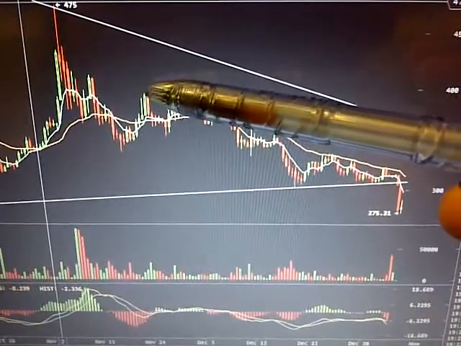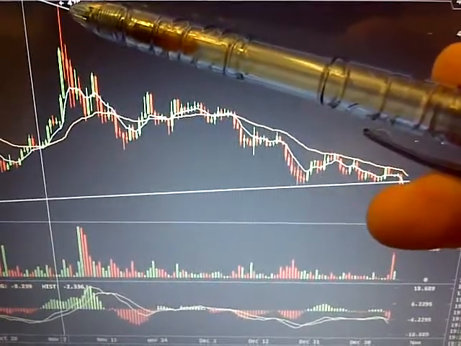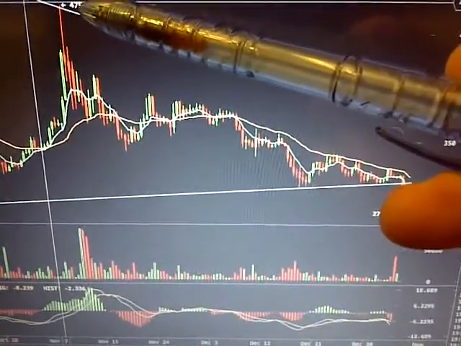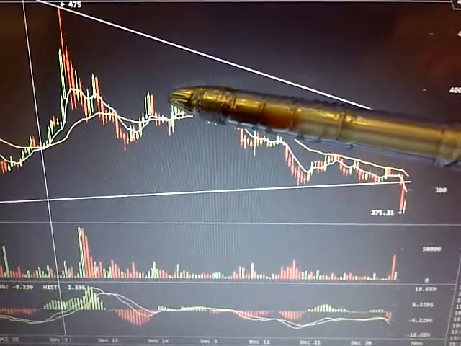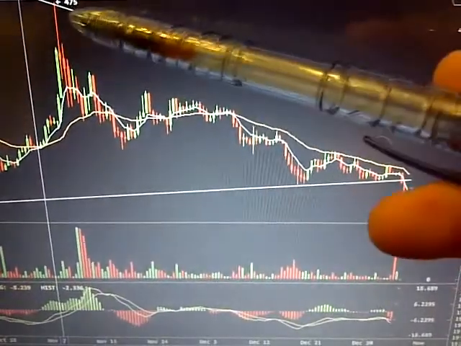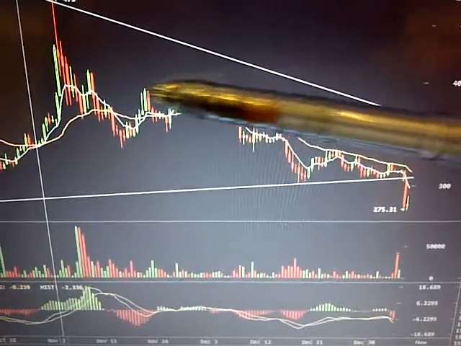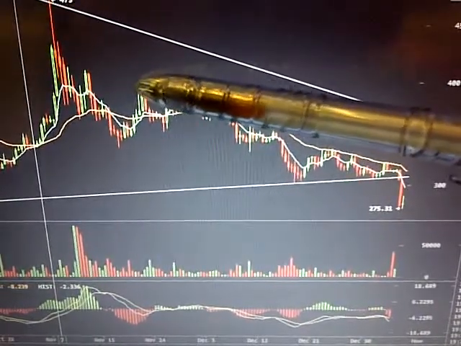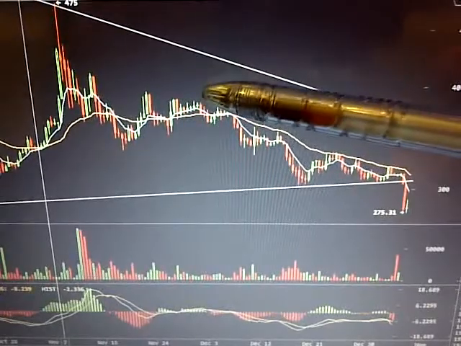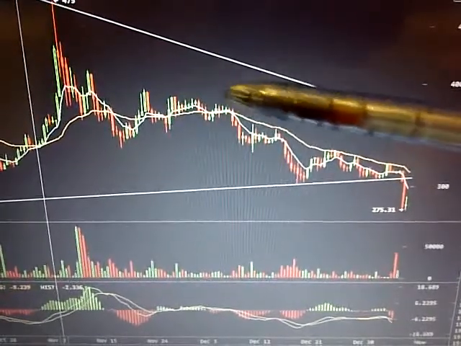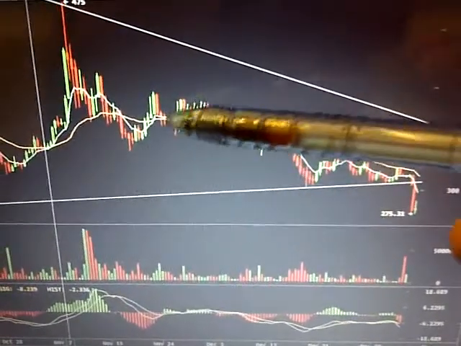Well, I wouldn't buy anything until it broke above this for at least 2 highs, and then 2 highs later, I'd bring my buying opportunity, or I'd look out for buying if it was able to break from this high, and I would count 1, 2, or something like that.